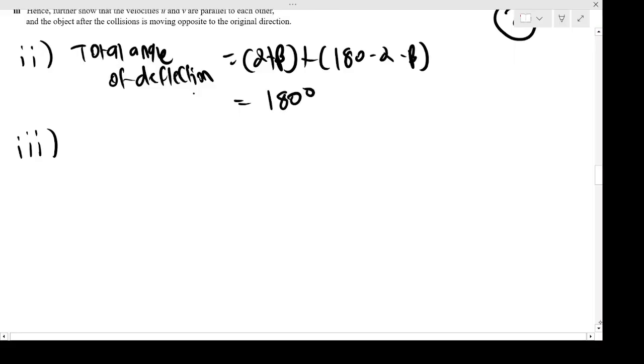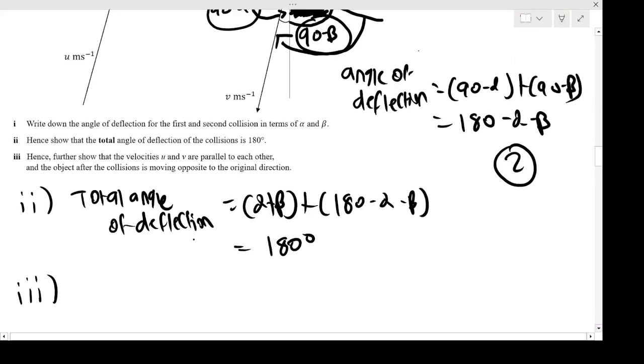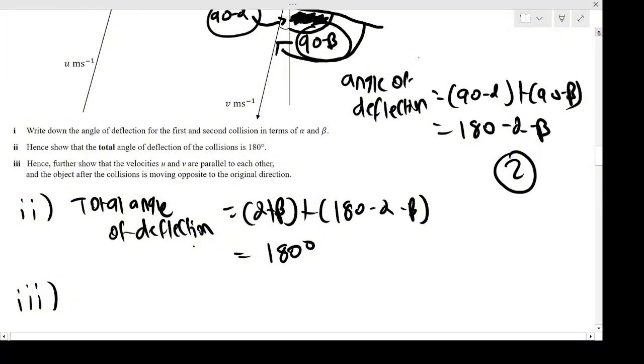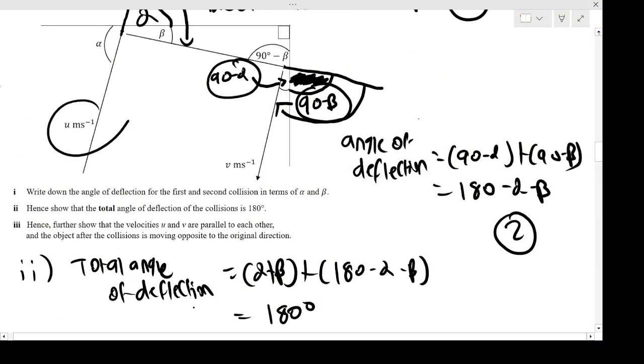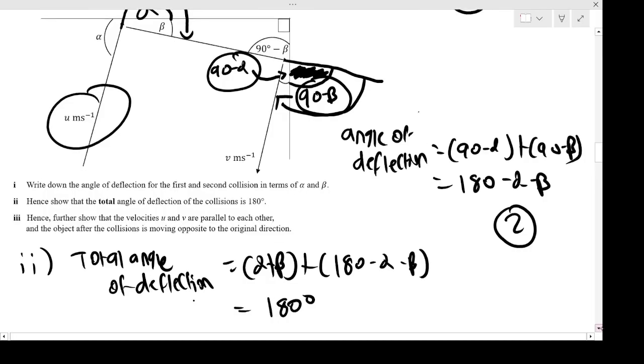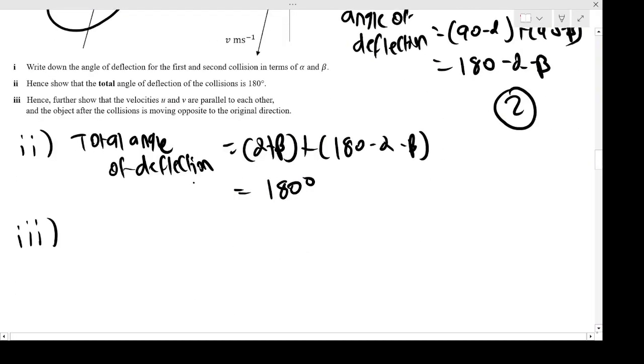So if I've turned 180 degrees from before to after, let's say this was my before velocity u, so before I was travelling like this.